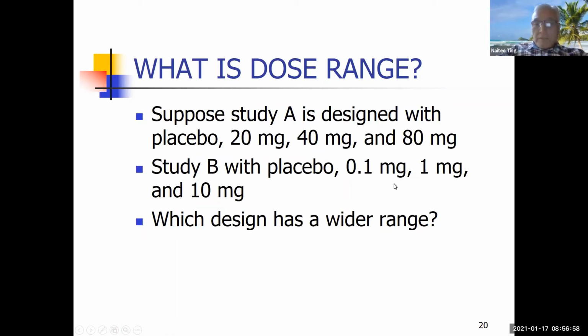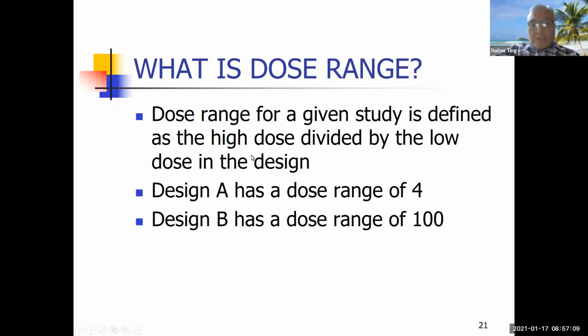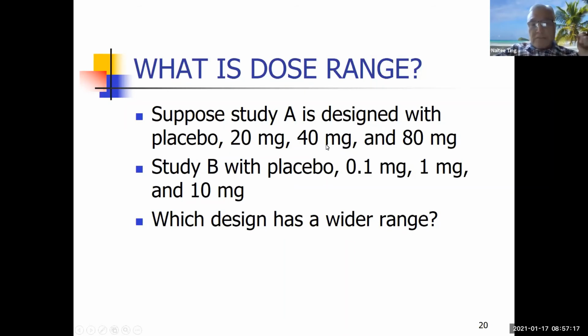All right. So I should first define a dose range for a given study design. All right, here it is. The dose range for a given study is defined as a high dose divided by low dose in the design. All right, remember it's division. High dose divided by low dose. It's not subtraction.